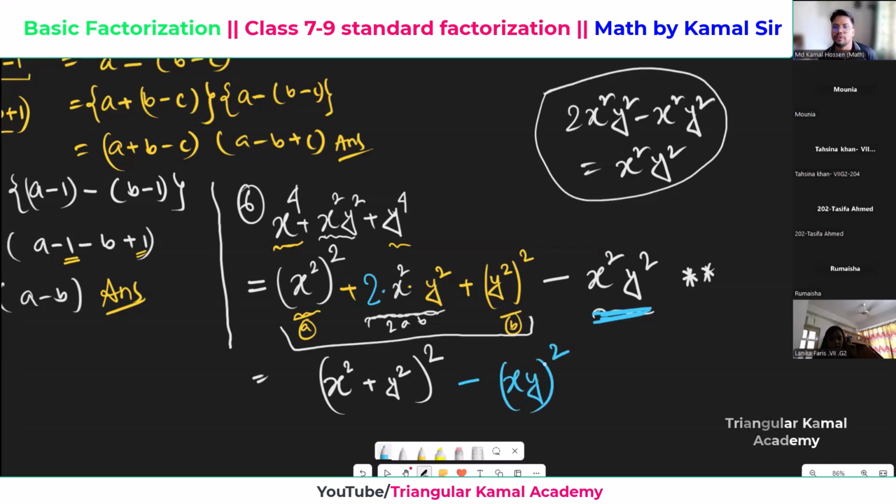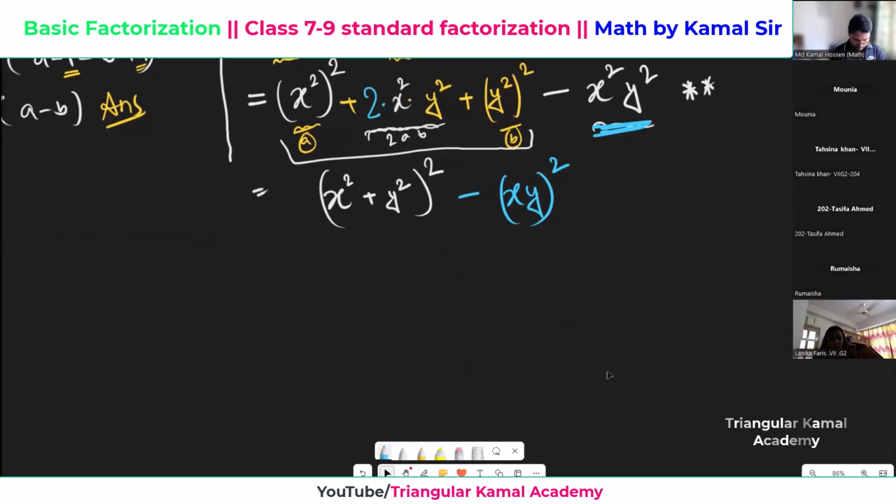So now which formula we can apply? A square plus B square, A square minus B square. Yes, formula number 1, A square minus B square.